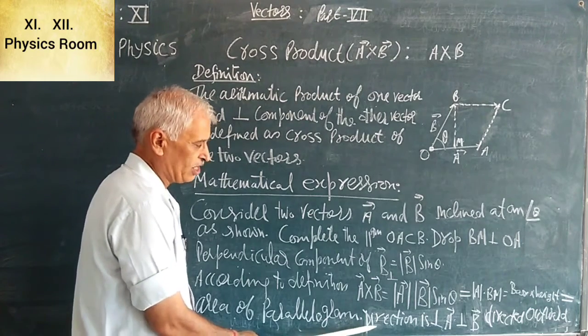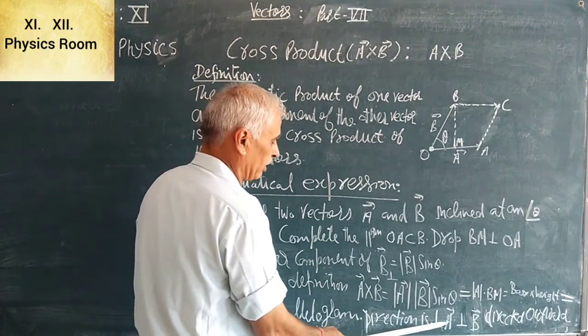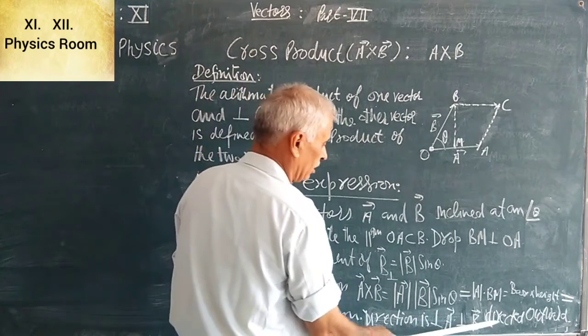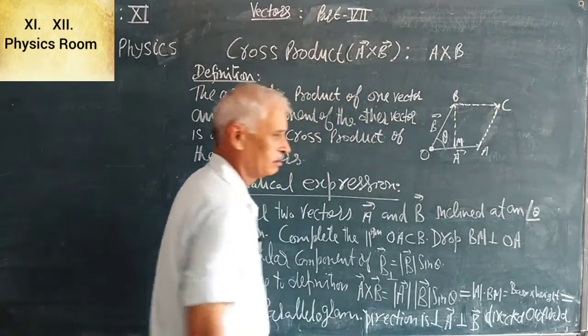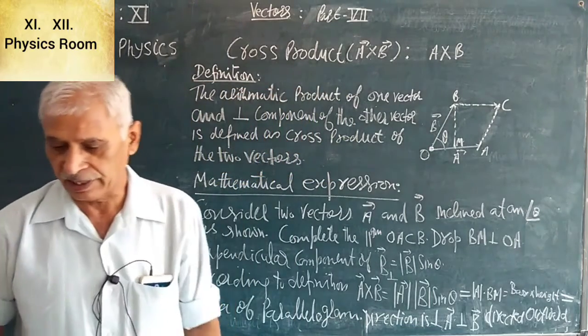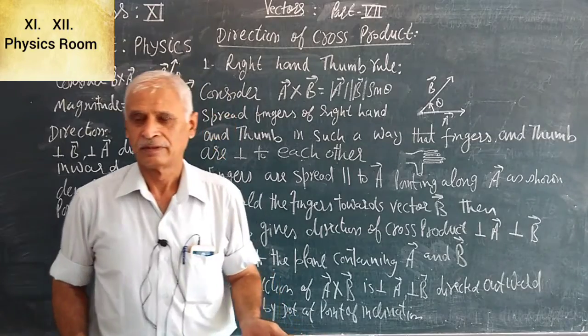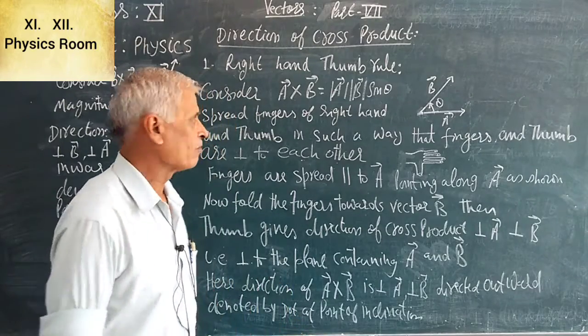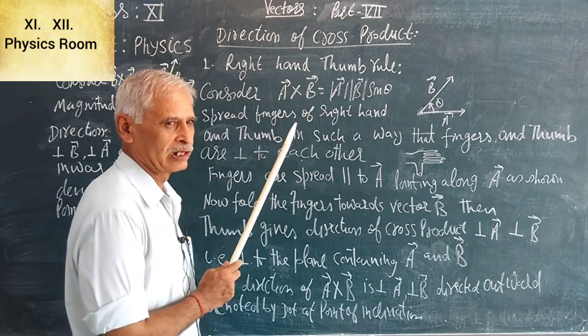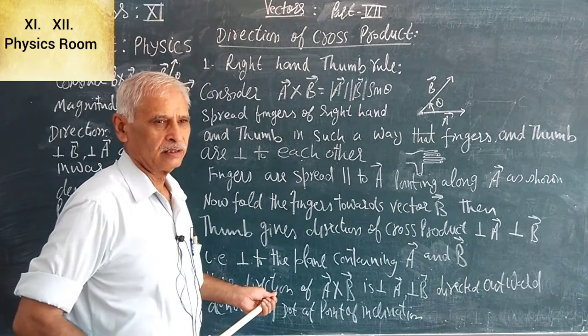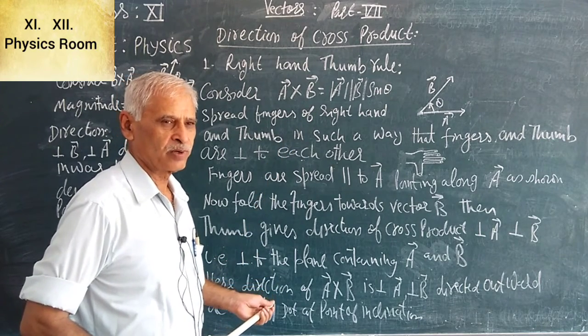Now the direction is perpendicular to A, perpendicular to B, directed outward, because cross product is a vector quantity, it must possess direction. Let us learn the skill to find the direction of the cross product.